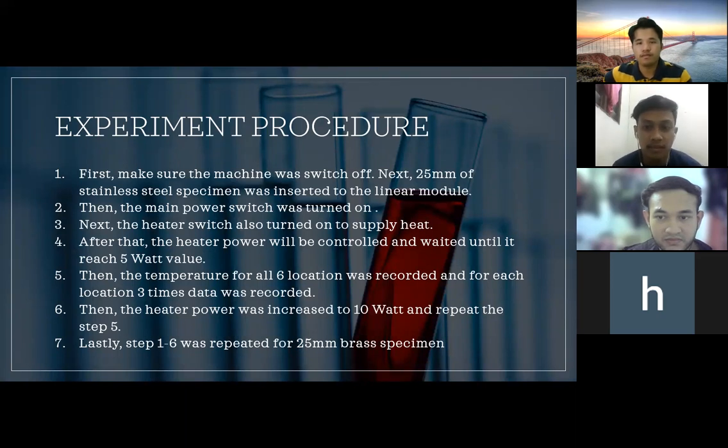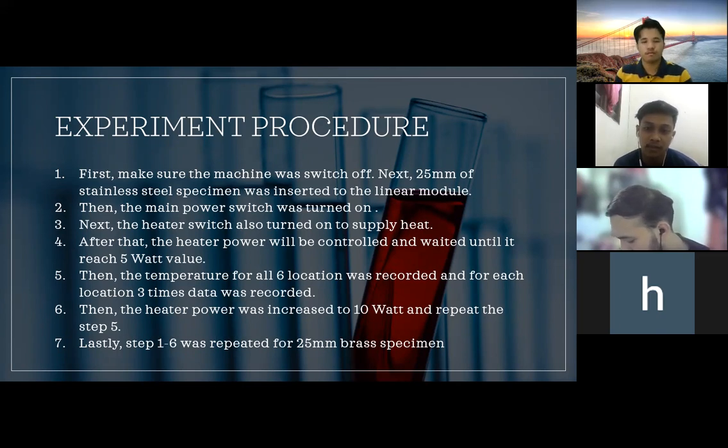Next is the experiment procedure. This procedure was for the linear module. First, we make sure the machine was switched off, and next, a 25mm stainless steel specimen was inserted into the linear module. Then the main power switch was turned on, and next the heater switch was also turned on to supply heat.